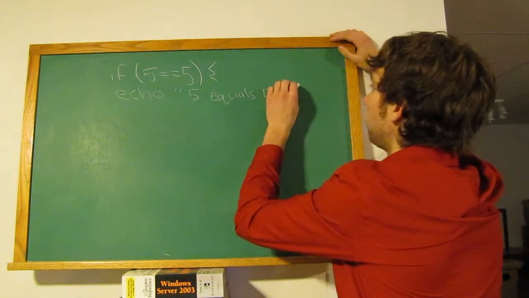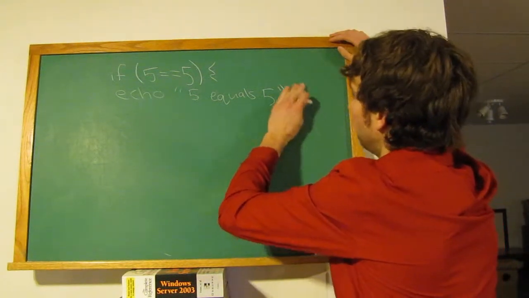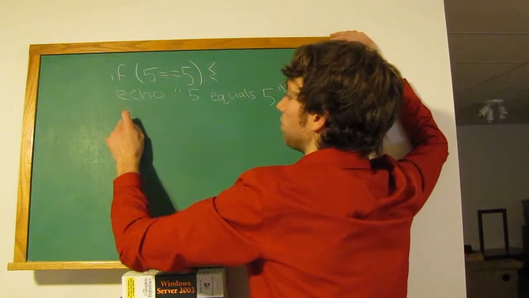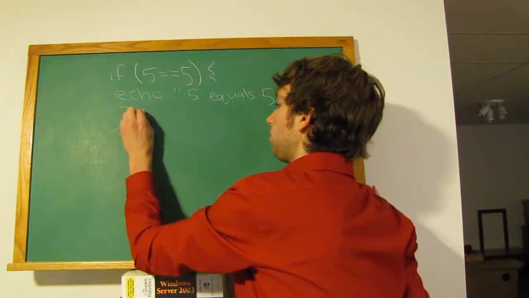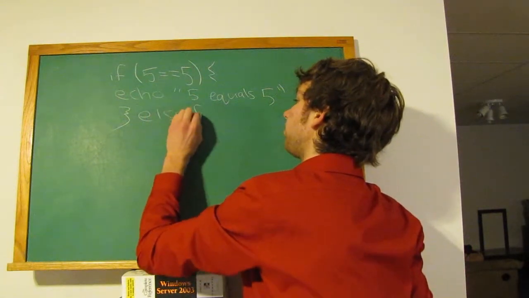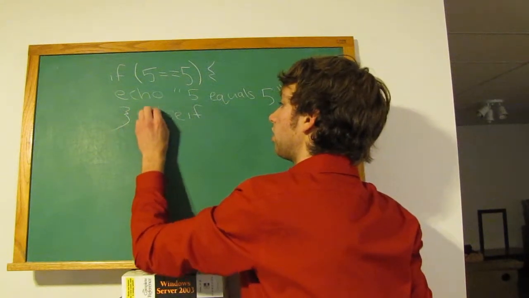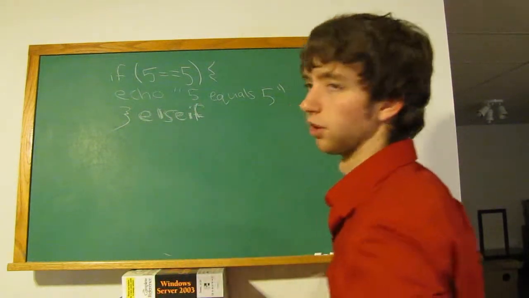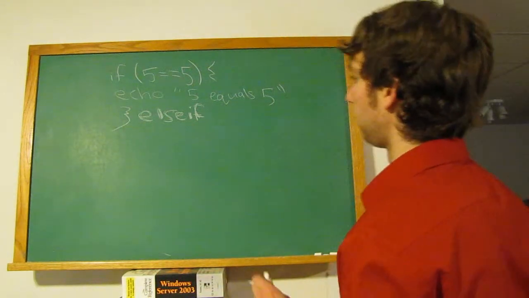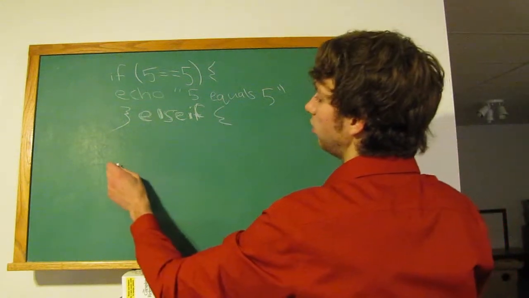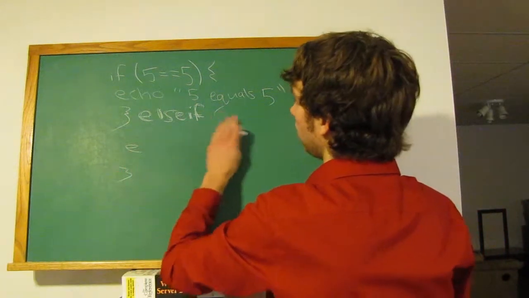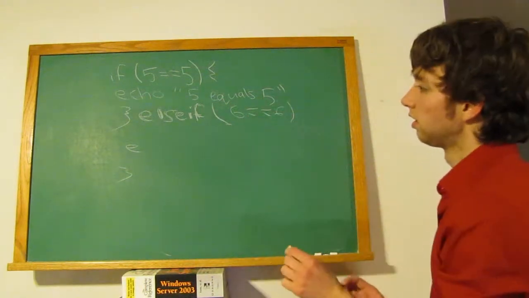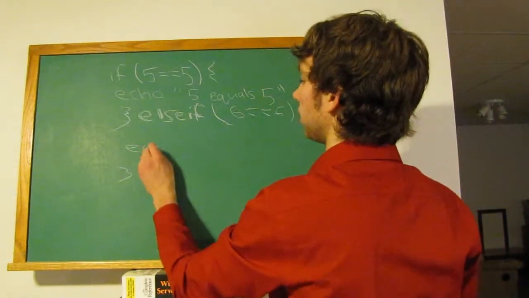So we're making an if, and then we can close it within curly braces. I am so bad at drawing curly braces, it's not even funny. Then we have the else if. I was trying to make it darker, but I'm pretty sure I just made it more confusing. Within new curly braces, we have another test, so 6 equals 6. And then we have the curly braces. Anything within the curly braces is run.